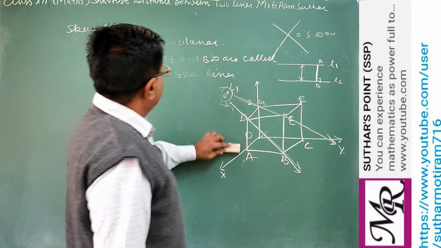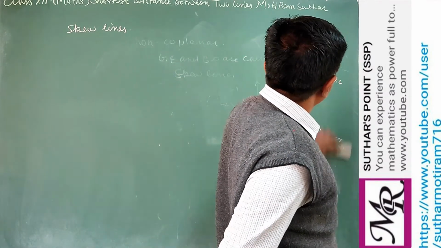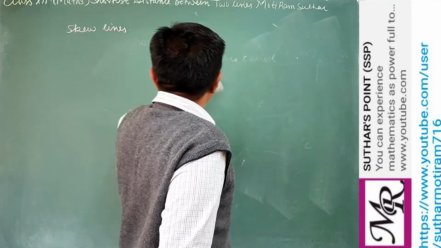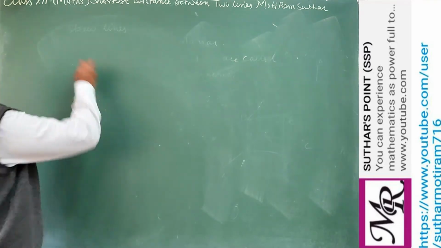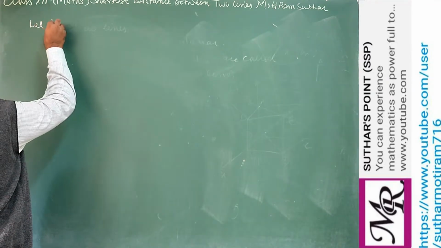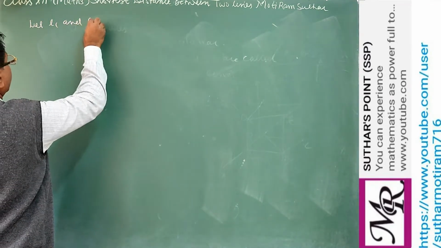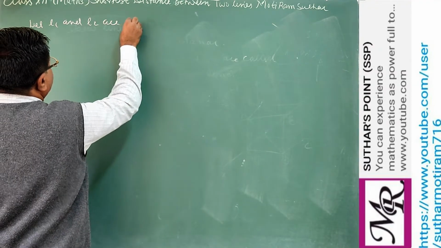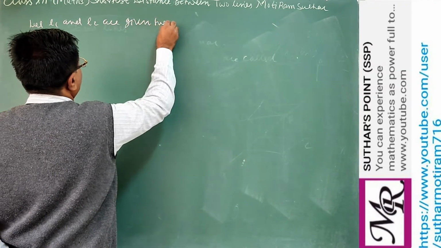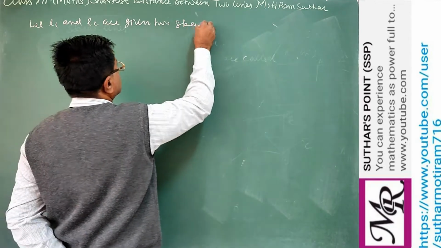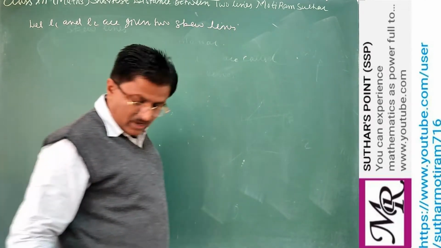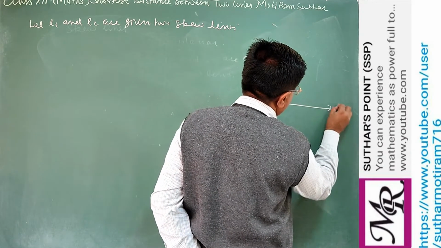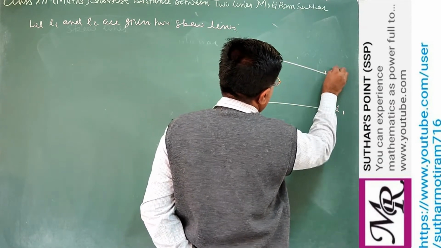Let L1 and L2 be two given skew lines. So we draw the figure. Suppose this is L1 and this is L2.